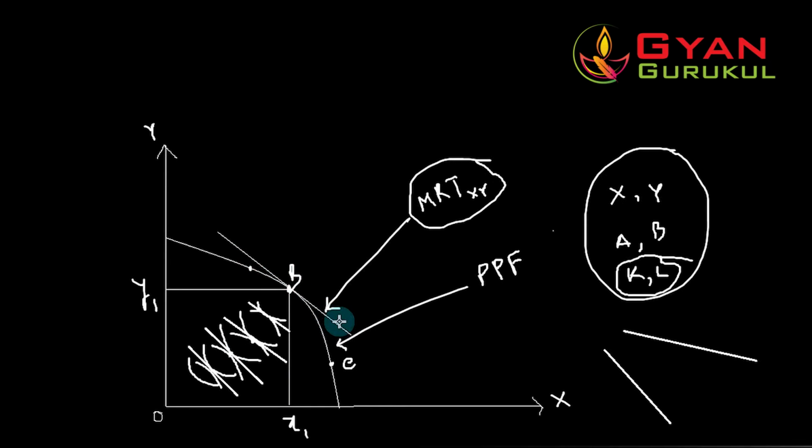All the slopes of tangency are shown with the help of the indifference curves here. We have to find a straight line which is parallel to this line. Now let's suppose at this particular point, let me change the color, this slope, the straight line here, is now parallel to this line.